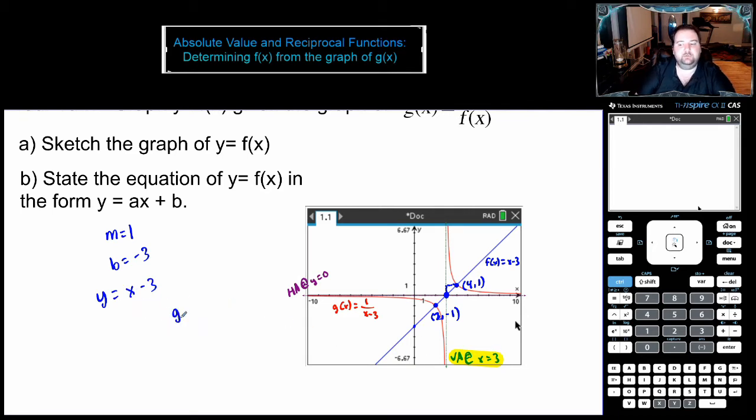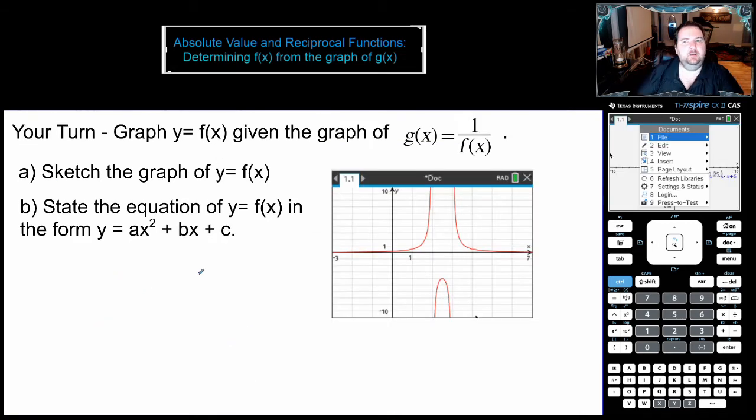Vertical asymptote at x equals 3 means g of x would have been something like this. And that means f of x would have been something like this. Now remember, there could be some factor out in front. In this case, there is no factor out in front, and this is in fact the equation.